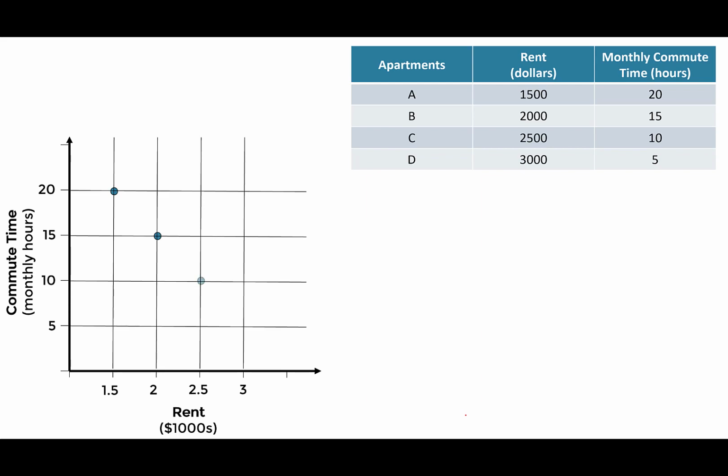I'm just going to start by putting our 4 apartments on this XY graph, where the vertical axis is commute time and the horizontal axis is rent in thousands of dollars. So you can see that at $1,500 and 20 hours of commute time, apartment A is here, apartment B, apartment C, and apartment D.